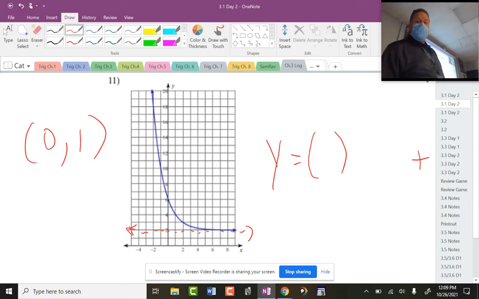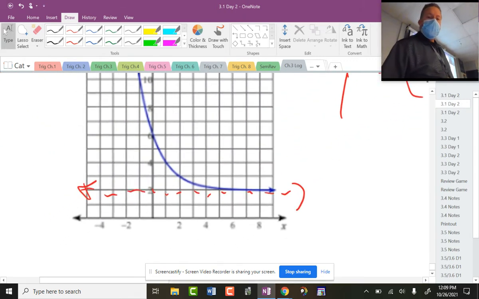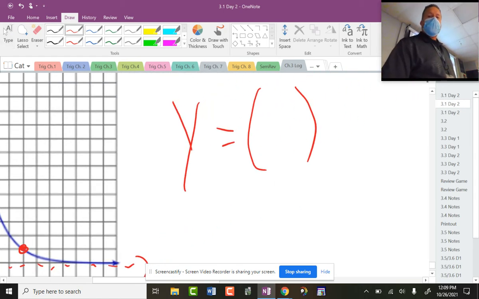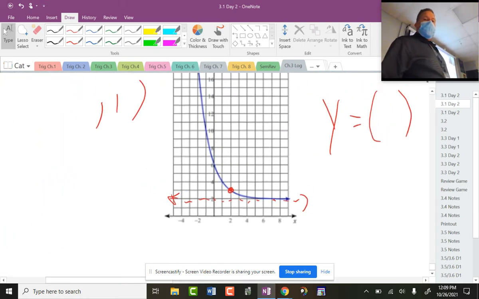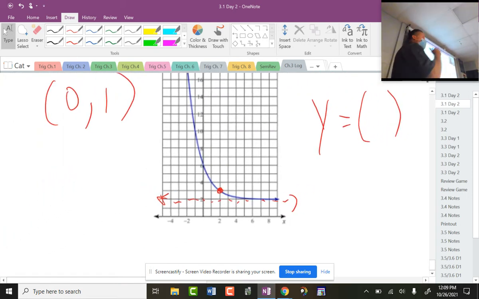It's actually an easier question than you think, because there's no multiplier on the outside of this. It's like the base being thing. That is where the 0, 1 point ended up. It is exactly one above the asymptote in this case.